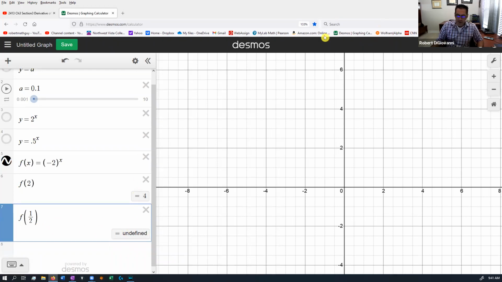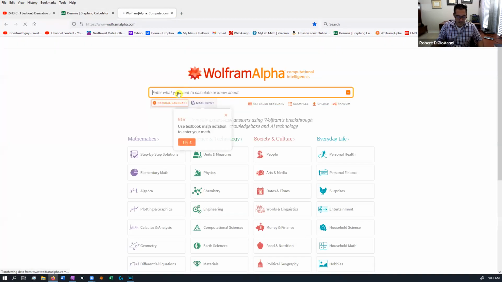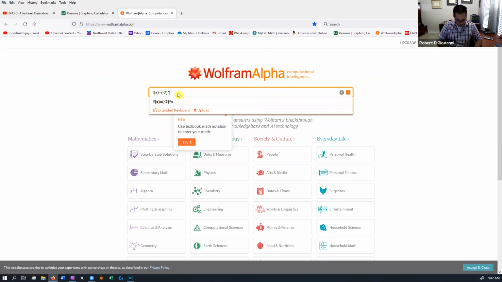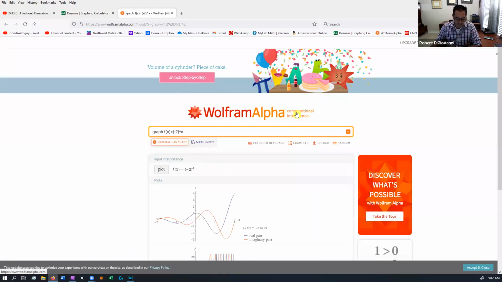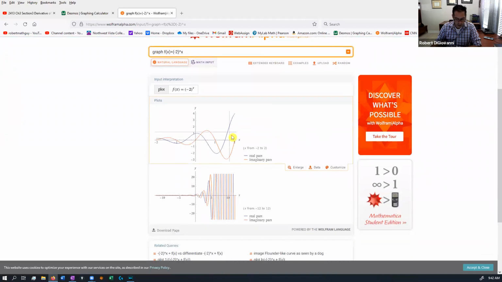It's weird. Let me try some different software because there is a graph. Let me try this. F of x equals -2 raised to the x. And let me ask it to graph this. Yeah, no, ignore that.